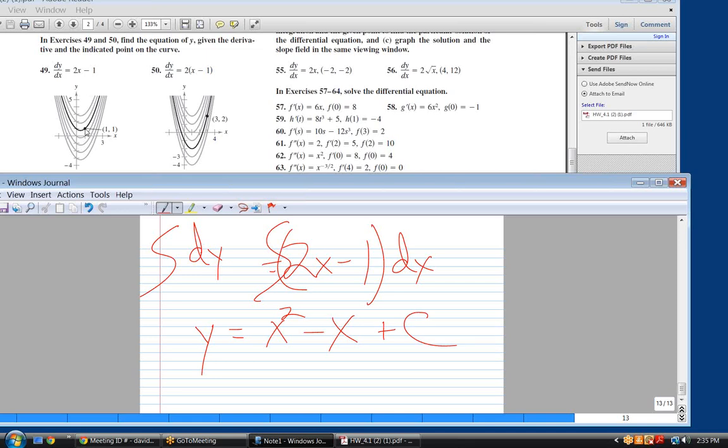In other words, all of these curves you see here represent all of the different c's that you can have. A specific c is going to give you a specific point. So to solve for that specific c, plug that point in for x and y, and we'll have what c is.